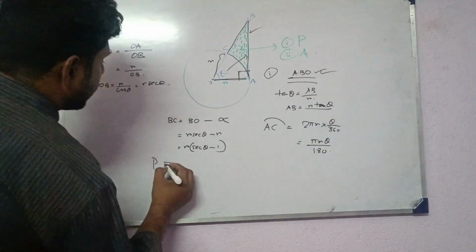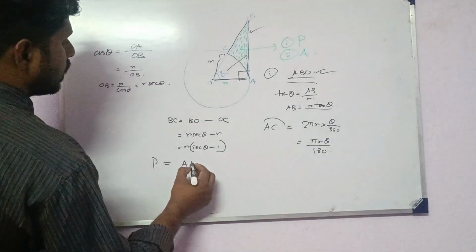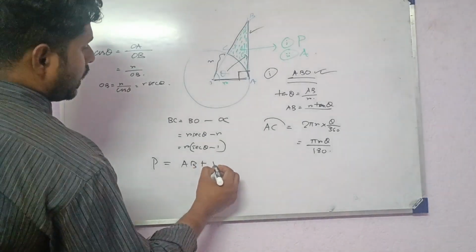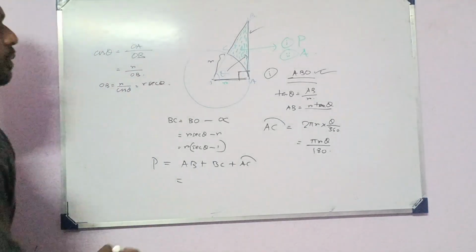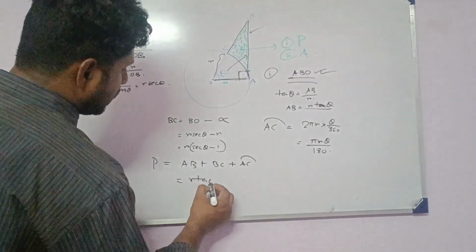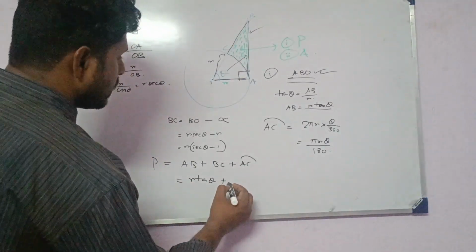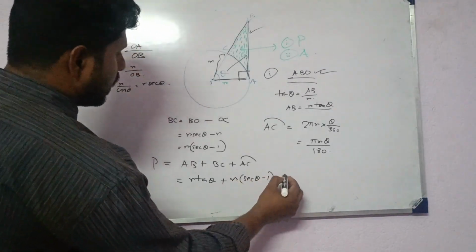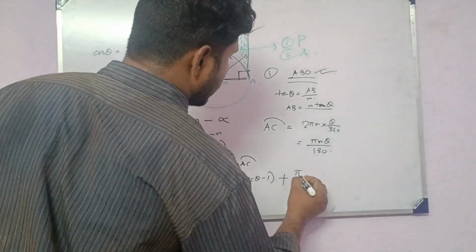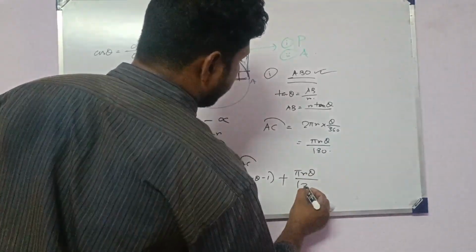Now the perimeter is AB plus BC plus AC. AB is R tan theta, BC is R sec theta minus 1 and AC is pi R theta by 180.